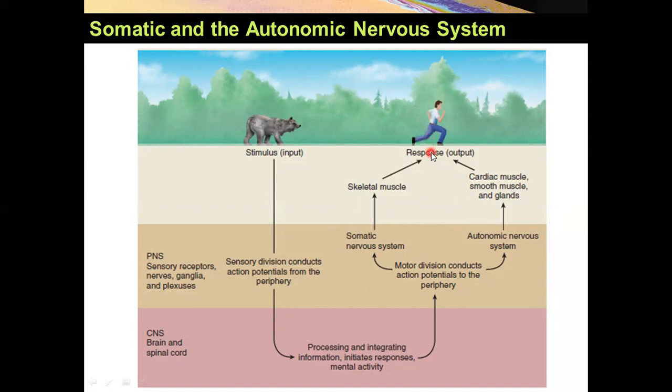But meantime, our autonomic nervous system activates the smooth muscles in the heart, in the lungs, and in the walls of the vessels. This is how we can respond to a stimulus during our daily activities.